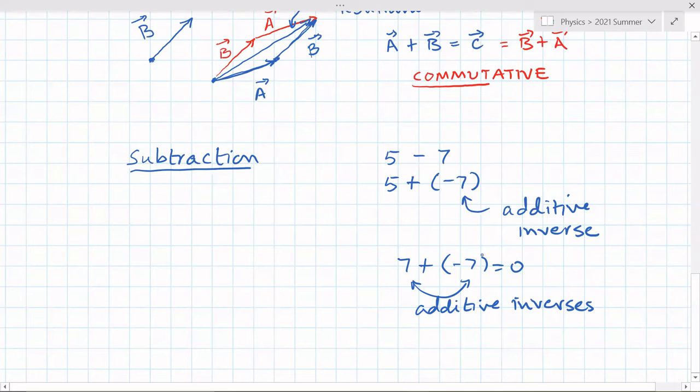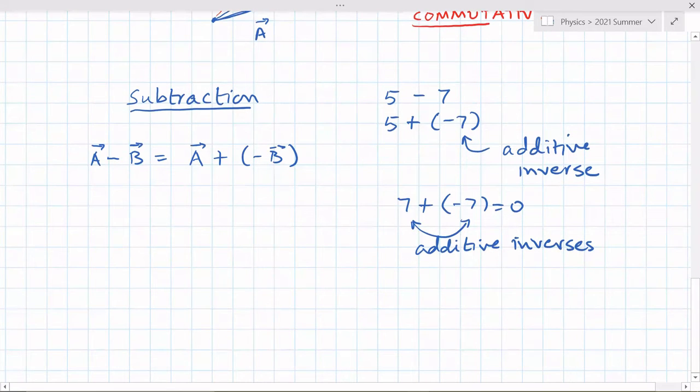So similarly, vectors work the same way. If we say A minus B should be the same as A plus negative B, then I should be able to apply this same rule as addition and figure it out, because we already know what negative B is.